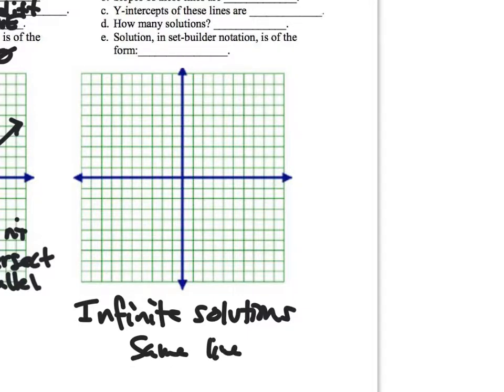If I were to draw some sort of line like this, and let's say we had another equation that we drew the line for, and I draw it right on top of the other one, then what I'm looking for is where these two lines intersect. Well, I have an infinite number of points along this line that intersect, and that's the idea: you have infinite solutions when you have the same line.